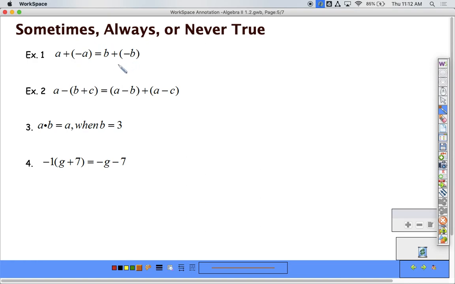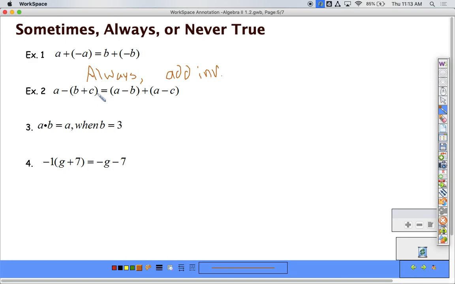B plus negative B has to be 0. And 0 always equals 0, so this is always. And if we're going to explain ourselves, we're going to say always because of the additive inverse property.